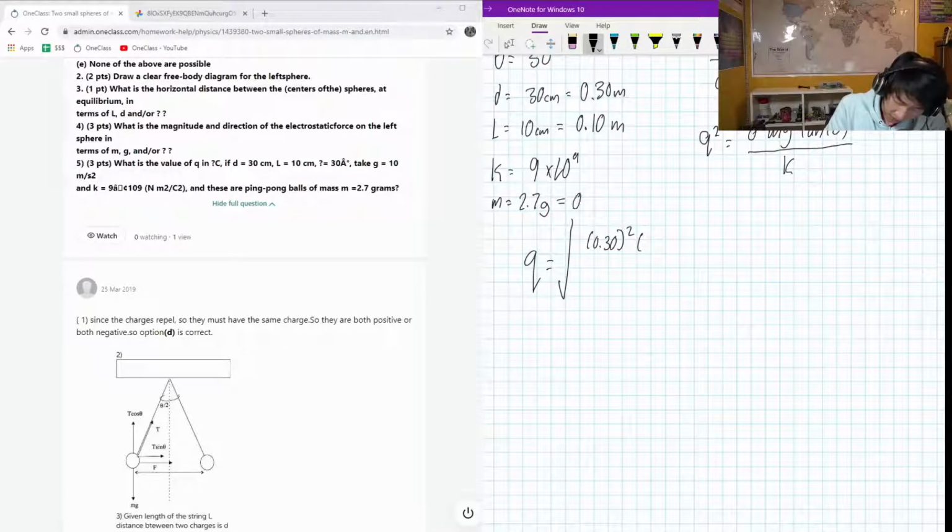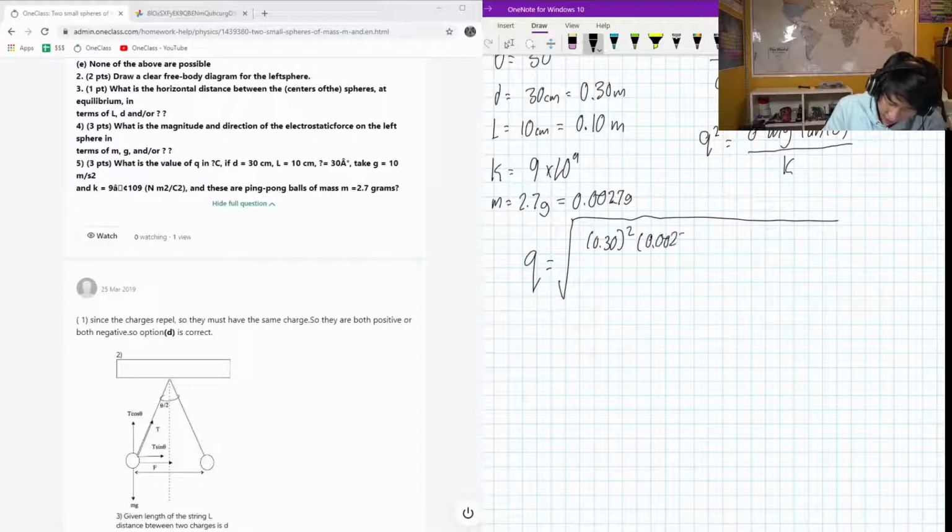Another way of writing that is 0.0027 kilograms. So let's multiply our mass, 0.0027, by gravity, which is 10. Let's multiply that by tan 30 degrees.